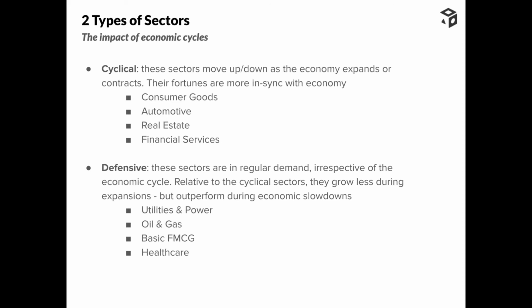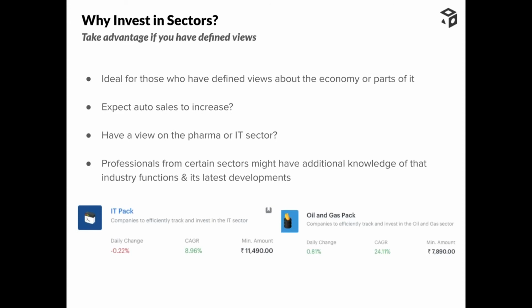So keep in mind that these are the two broad types of sectors. This is actually one of the foremost things that people think of when they decide to invest in a particular sector. It starts off with having a view of whether the economy is going to do well or not in the coming years, and if it is, which of these sectors will benefit most from that economic boom or slowdown.